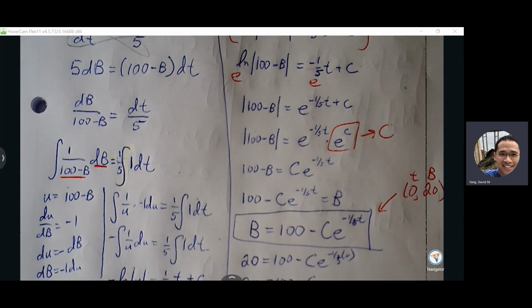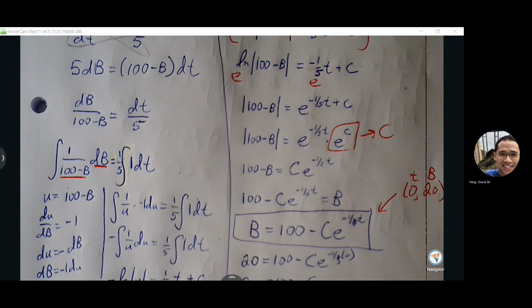Because even if it was b equals 100, it would be plus 80. So I'm confused. Let me see. Why do we not line up? We're good up to this point.